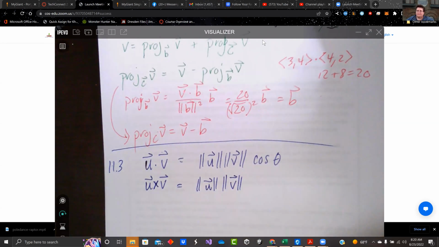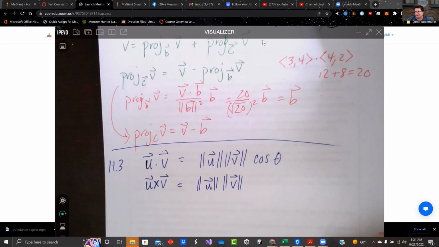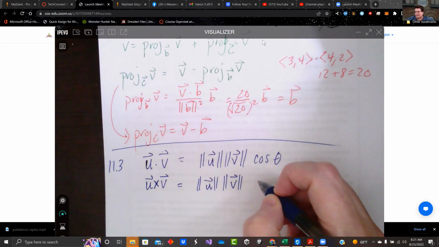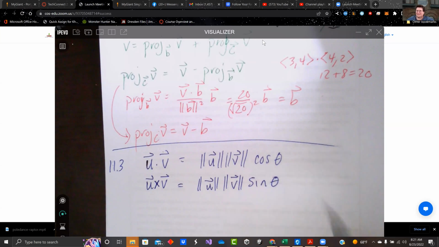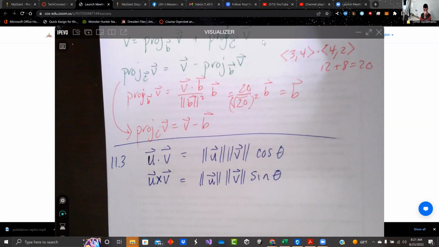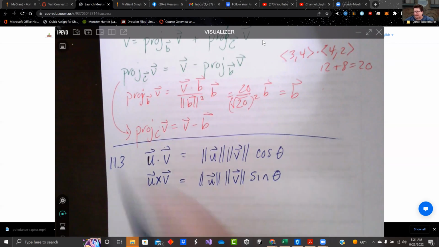Guess what goes here? What always goes with cosine? What's cosine's best friend? I'm only hearing whispers. Sine. This was not a trick question. It's like Bert and Ernie, right? They go together. So you'll see that they're similar. So that's what you're doing in 11.4.